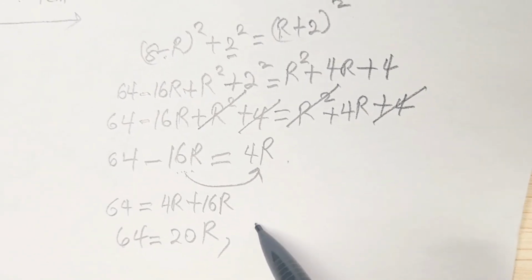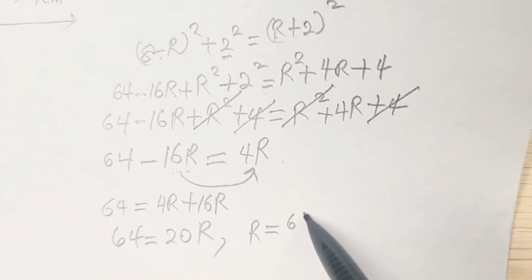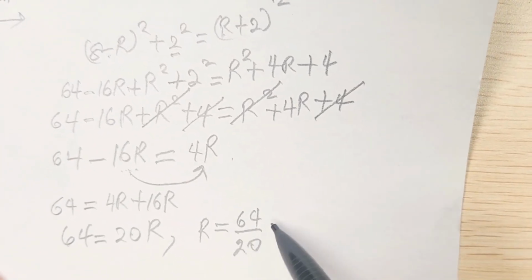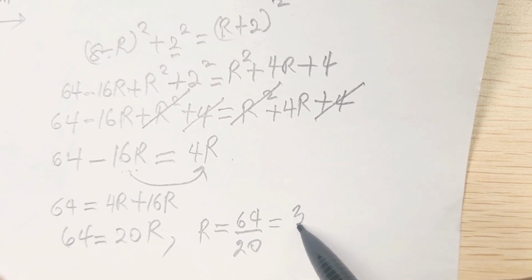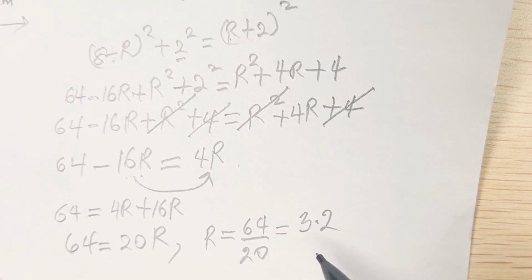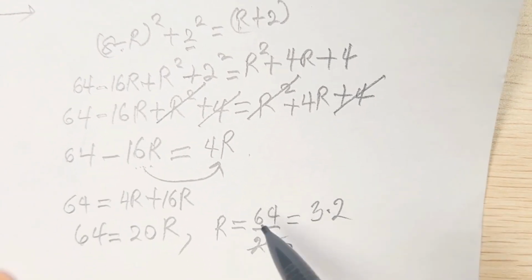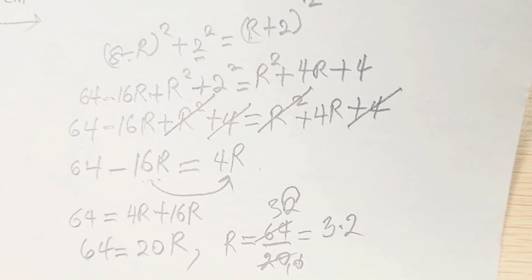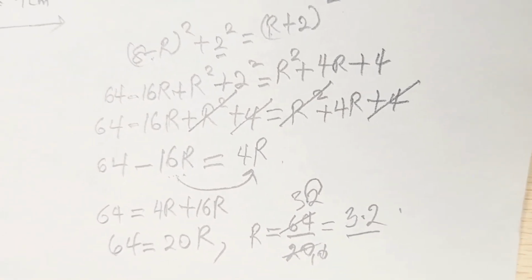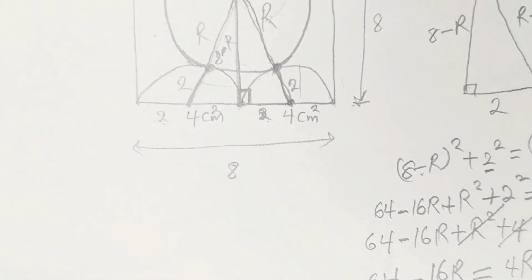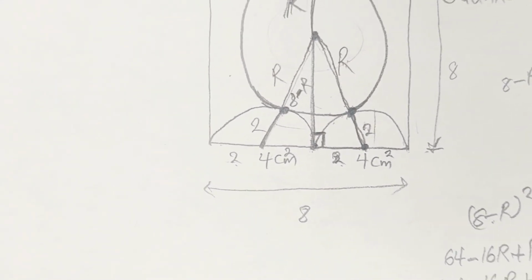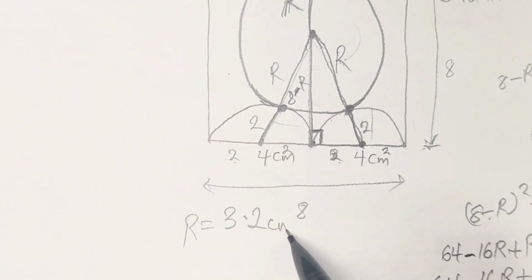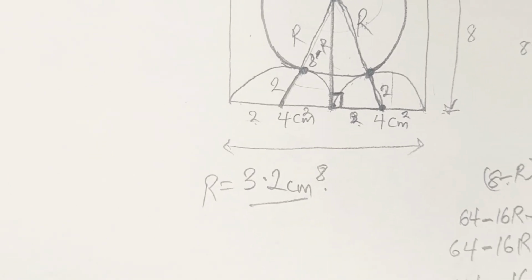Therefore, R is equal to 64 divided by 20, which would give us 3.2. Now we know our big R is 3.2 centimeters.